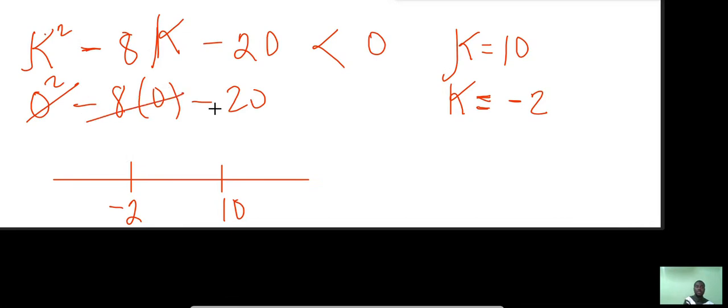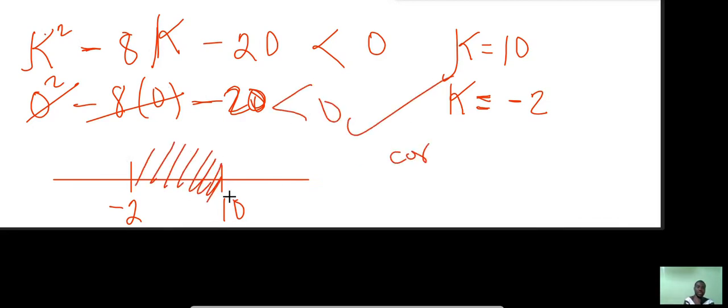Negative 8 times 0 is 0, so we're left with negative 20. Is negative 20 less than 0? Anything that satisfies this inequality should be less than 0, and negative 20 is less than 0. So this is correct. That means the inequality is satisfied in the middle.